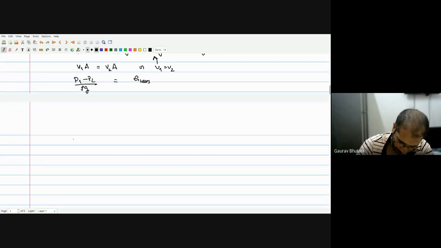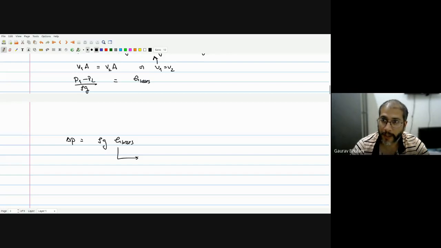So let's see that. This delta P is equal to rho g times H losses. So this is because of the friction between the fluid and the pipe wall.